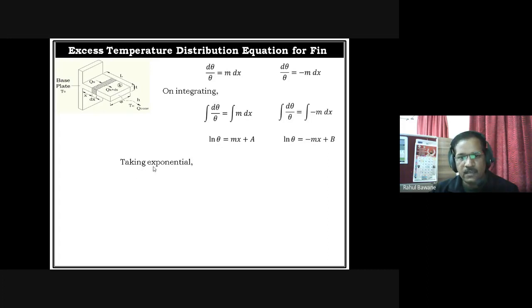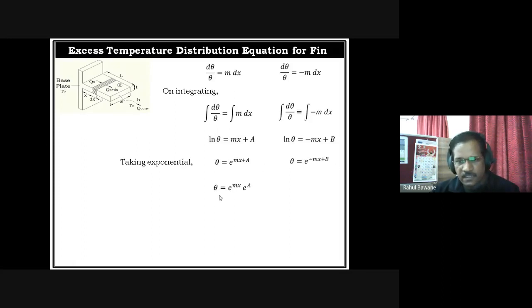Now we are interested in removing this ln term, so we take the exponential. After taking the exponential, the ln term is removed, so theta equals e raised to the power of whatever is on the right hand side. So theta equals e raised to the power mx plus a. On this side, theta equals e raised to the power minus mx plus b.